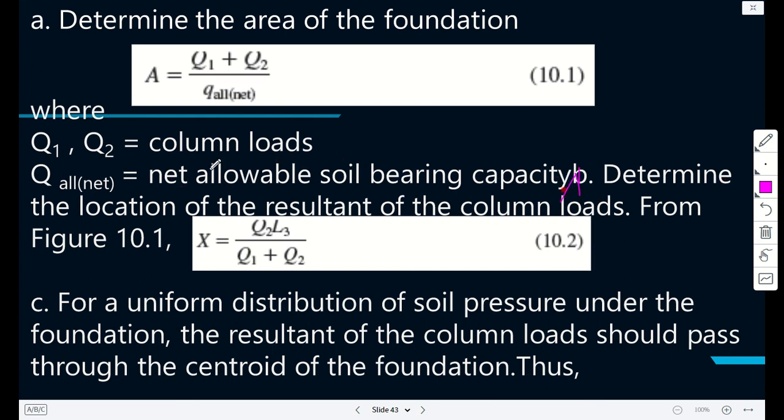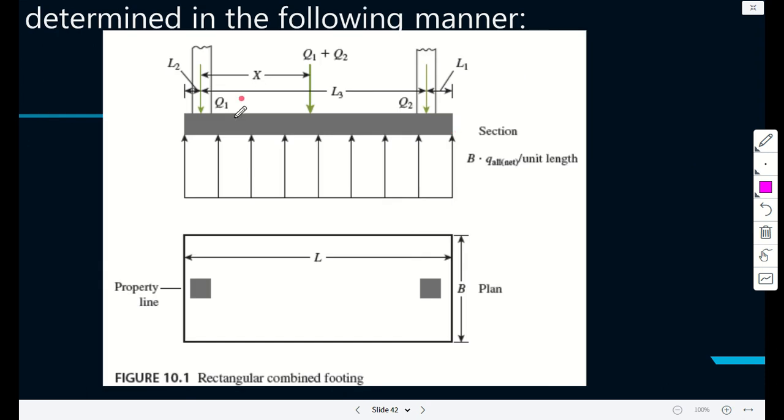Then determine the location of the resultant column loads, which is q1 L1 plus q2 L2 over q1 plus q2, giving x bar.